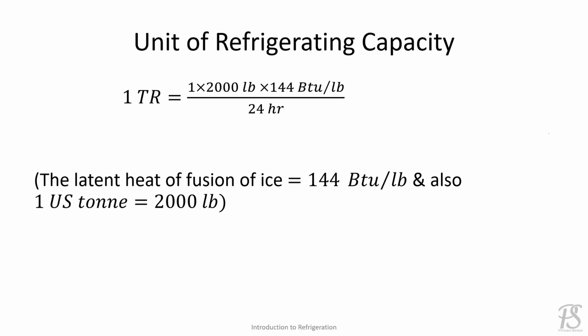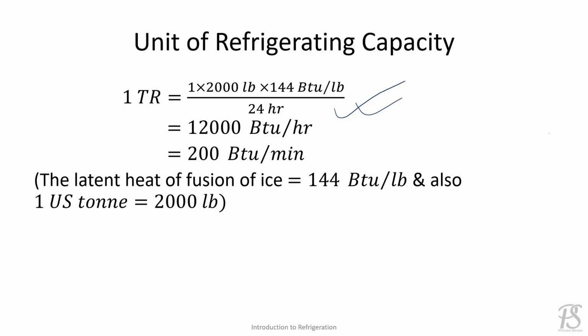Also, 1 US ton is equal to 2000 pounds. So 1 ton of refrigeration is given by this expression. This is equal to 12,000 BTU per hour, which can again be simplified to 200 BTU per minute.